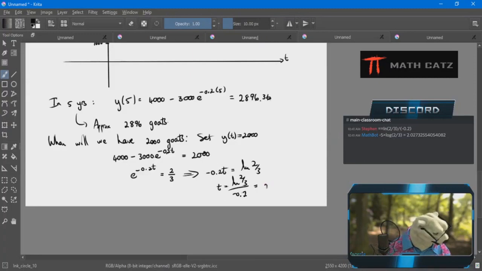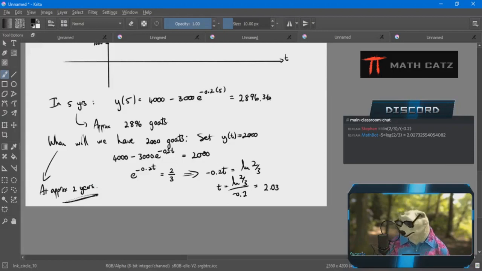And we get 2.03. So when will we get that? At approximately the 2-year mark, we will have 2,000 goats.